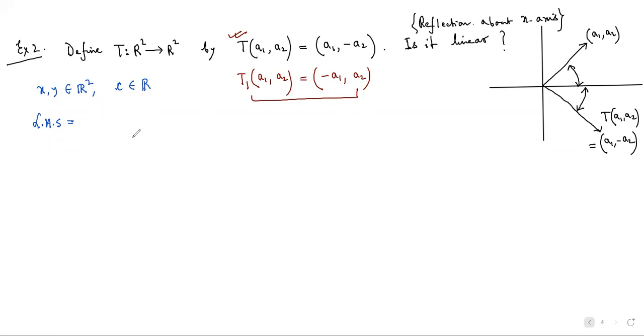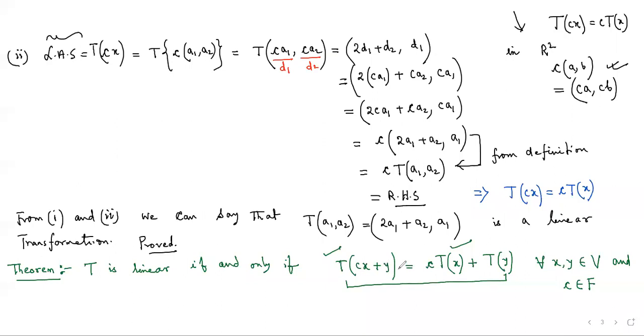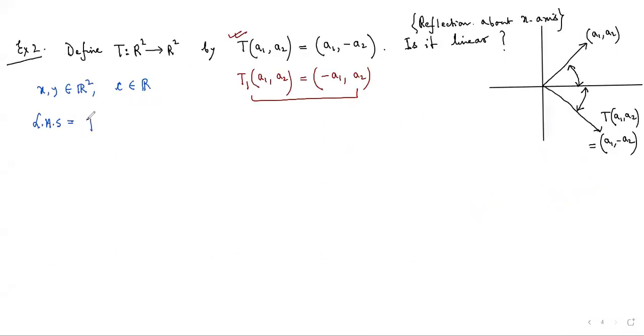So you start with this left hand side: T of Cx plus y, and put here C into (A1, A2) plus y, which you can consider as (B1, B2). Apply the scalar multiplication rule.